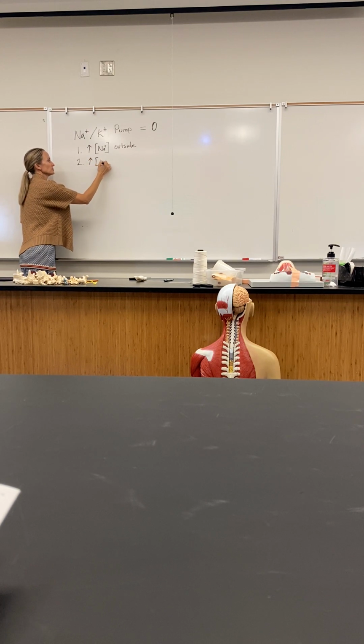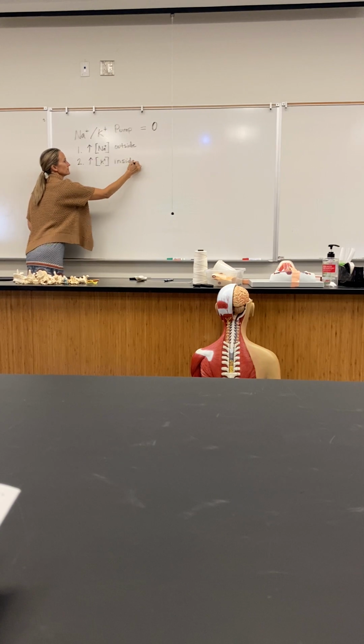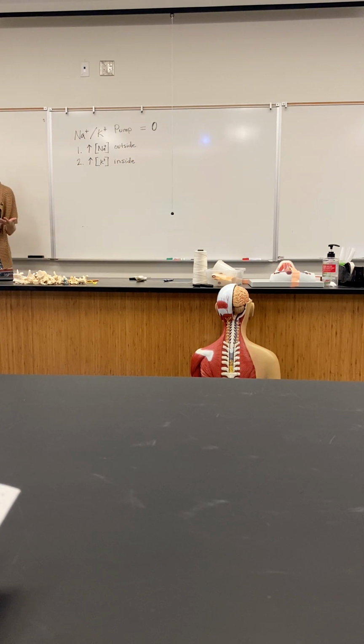So a high concentration of potassium inside of the cells, higher than outside. You could list this as, creates a concentration gradient for sodium, creates a concentration gradient for potassium, however you want to describe it. But this is pretty simple, makes sense to me. It's easy for me to remember. So that's where I'm starting.